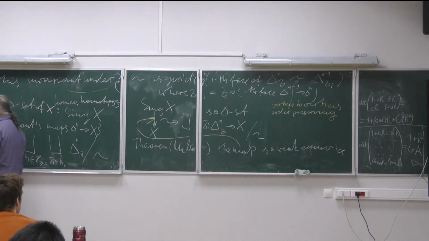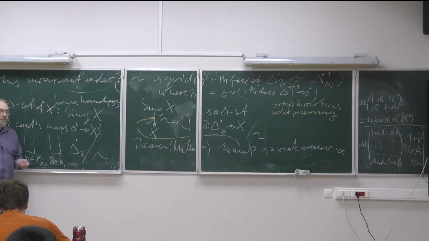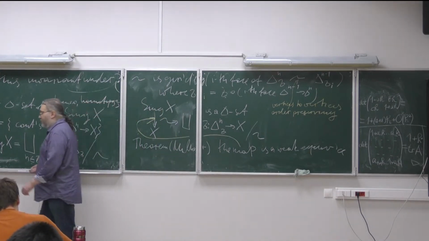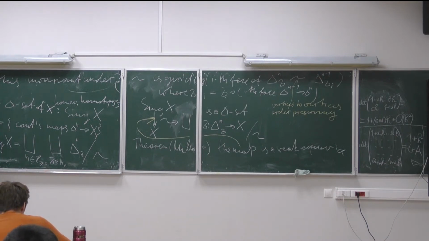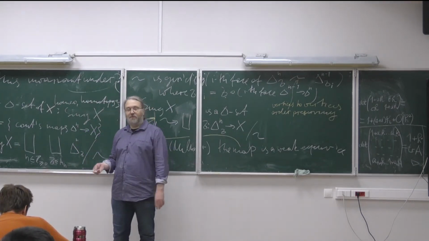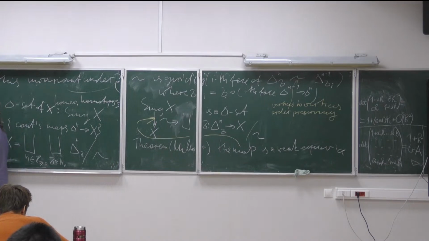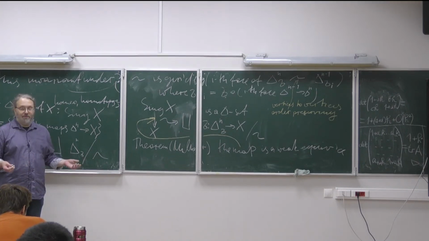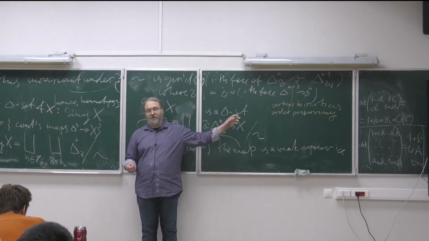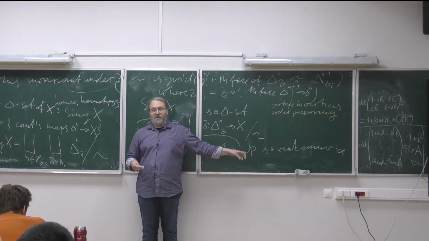Which basically means it induces a bijection of the path components, and for each path component it induces an isomorphism of all homotopy groups with all base points. What is weak equivalence? Well, I've just said. As usual, a bijection on path components, and an isomorphism of all homotopy groups with any base point for all path components.